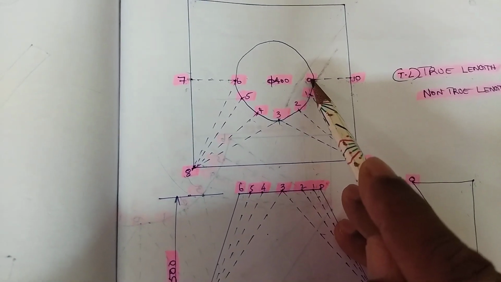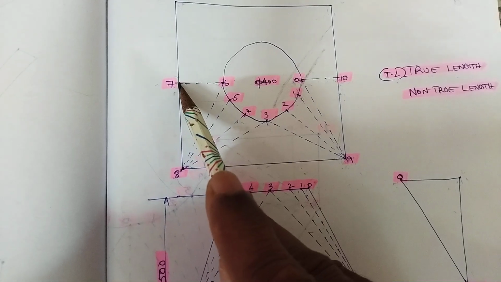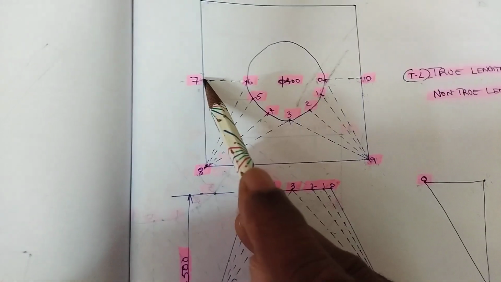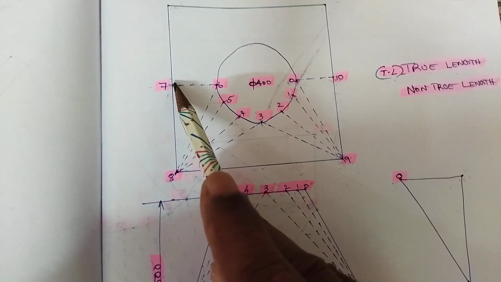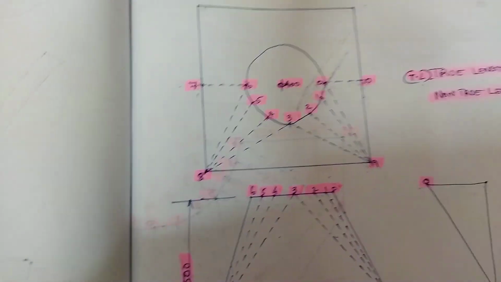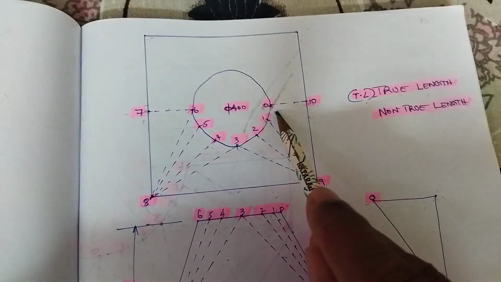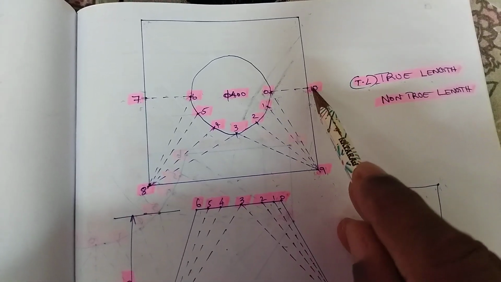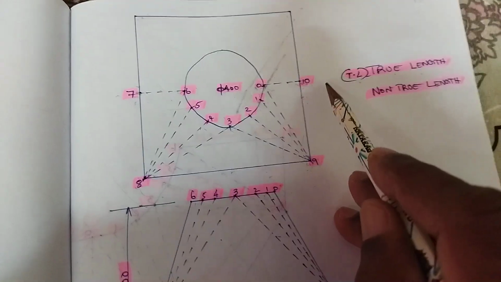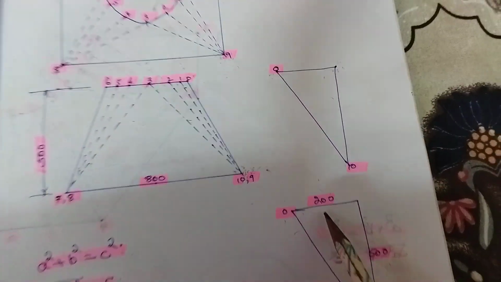Then we will get the measurement of this area and this area. Two areas' measurement we will get. In these two areas' measurement, one measurement has to be removed, or it is to be divided by 2. Then what will this measurement be? This is 400. This is 200. This is also 200. Then the total will be 800. So this measurement, 0 to the top side of 10, will be 200.